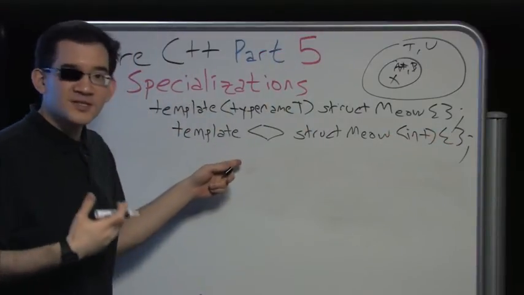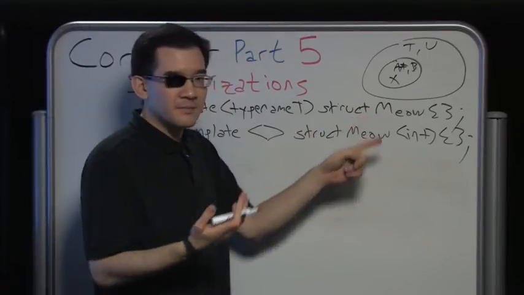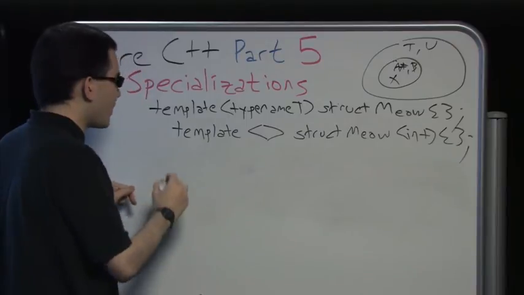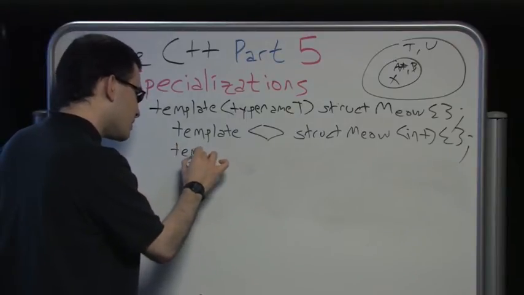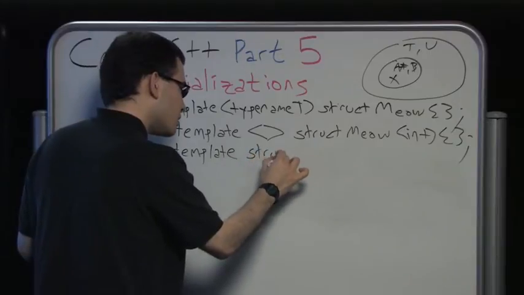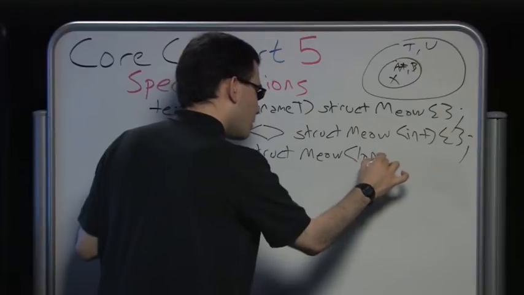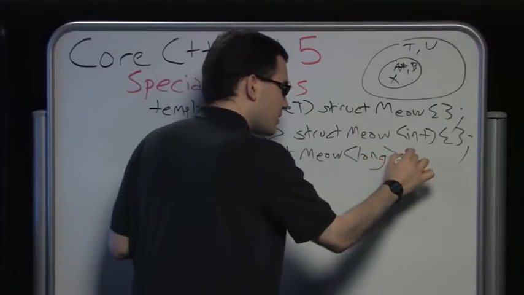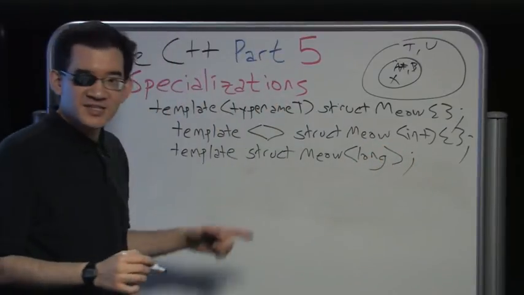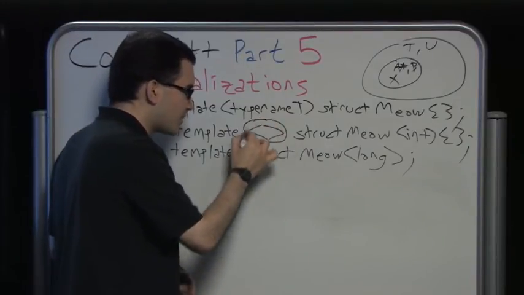This is an explicit specialization for int that will be used whenever you request meow int. Instead, if I write template, and this syntax is somewhat rare, struct meow, and I'll put a different type here, long, whatever type, semicolon. This is not an explicit specialization. Explicit specializations are always introduced by empty diamonds.